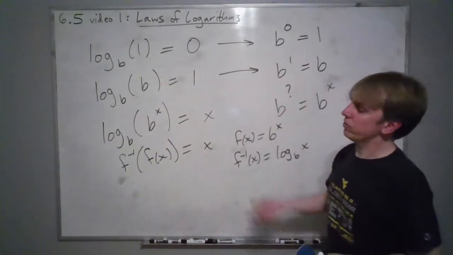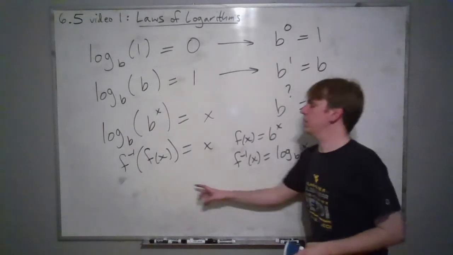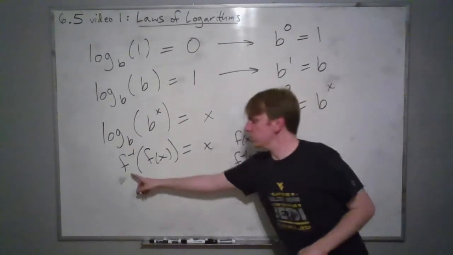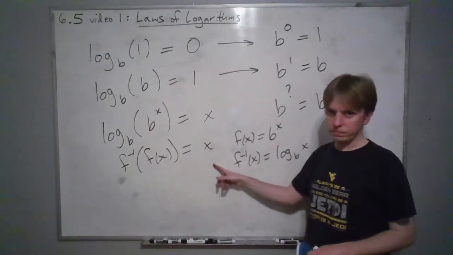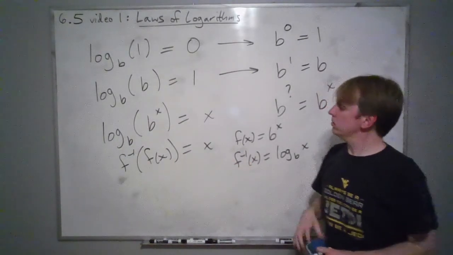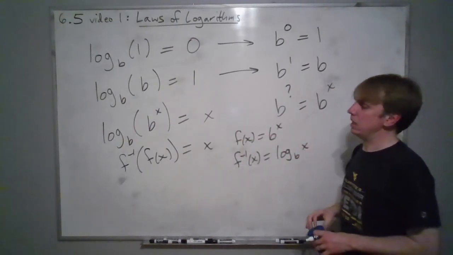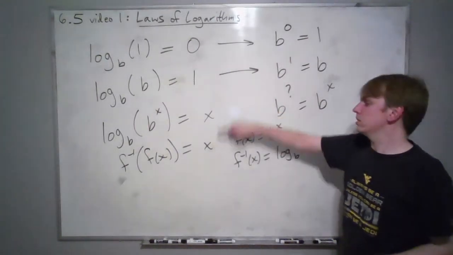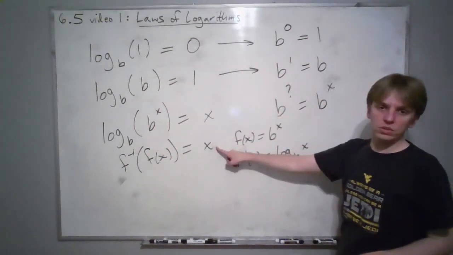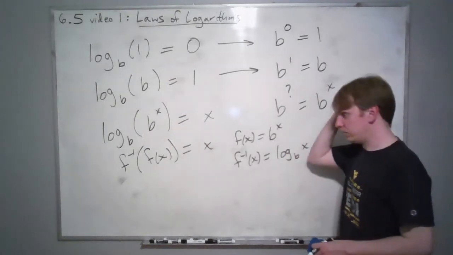One of the ways that we defined a function's inverse is that a function composed with its inverse should take you back to wherever you started. So hopefully that makes some sense, that this is just an exponential and logarithm version of the equation we've seen before, a function and its inverse. When you take a composition, you should get back to the original x.